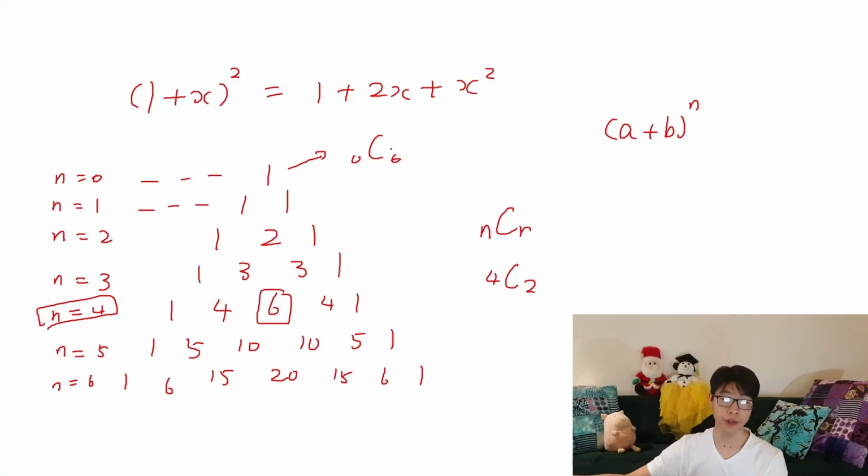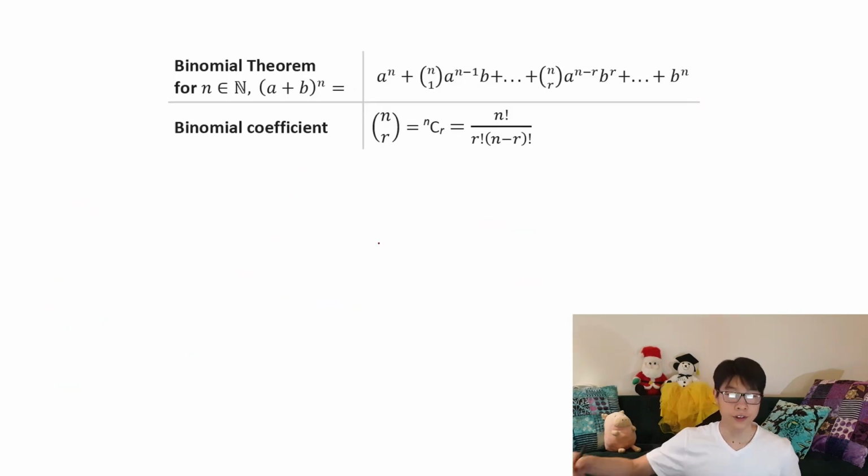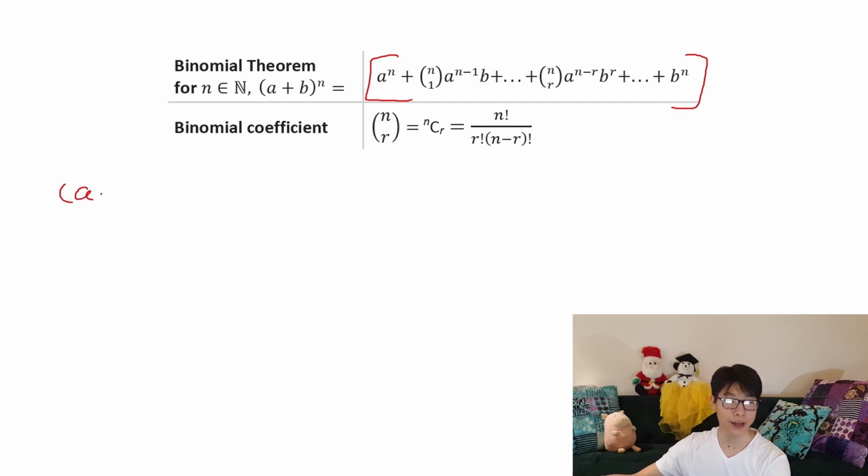Now, I know this is very theoretical and you might be wondering why we need to know all of this, and I'll show you right now. So here is our equation of the binomial theorem. Even though this is a very long equation, it's actually very simple. Let's write out our binomial again for a plus b to the power of n. It's also written right here, where n is a natural number, meaning it is an integer greater or equal to 0.